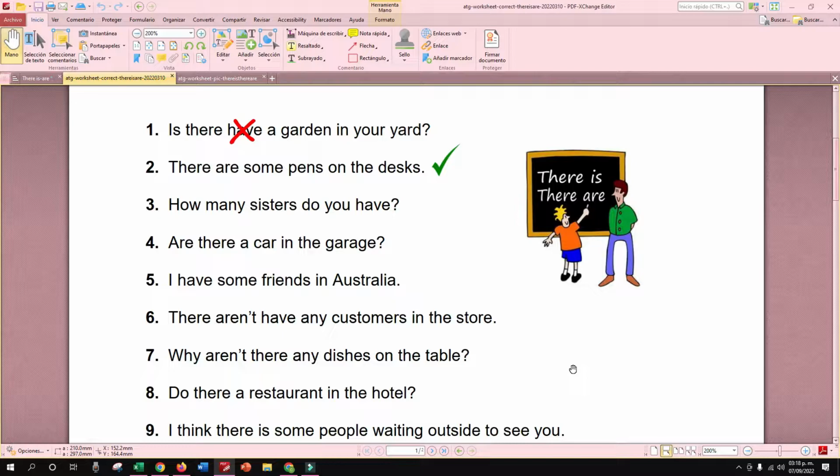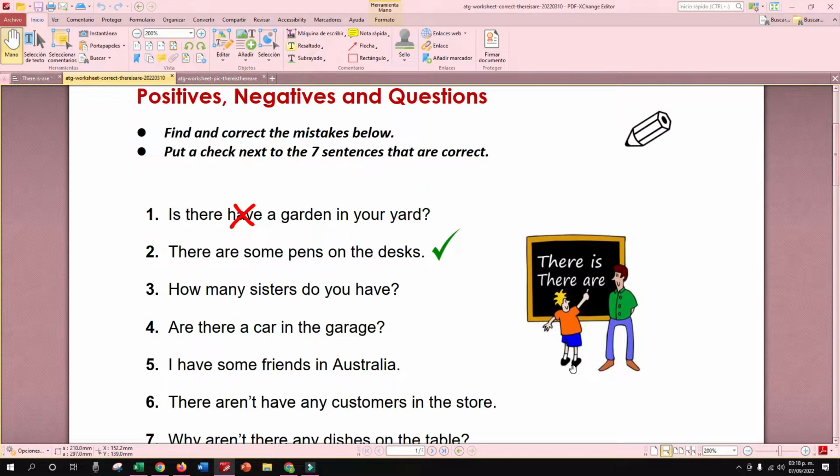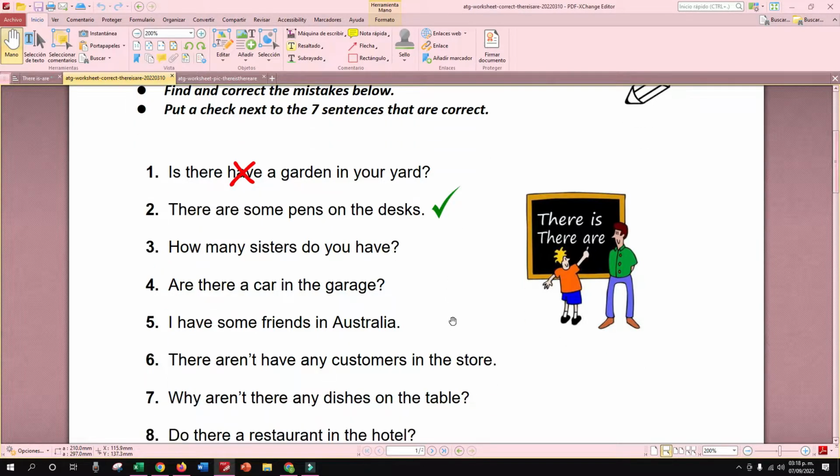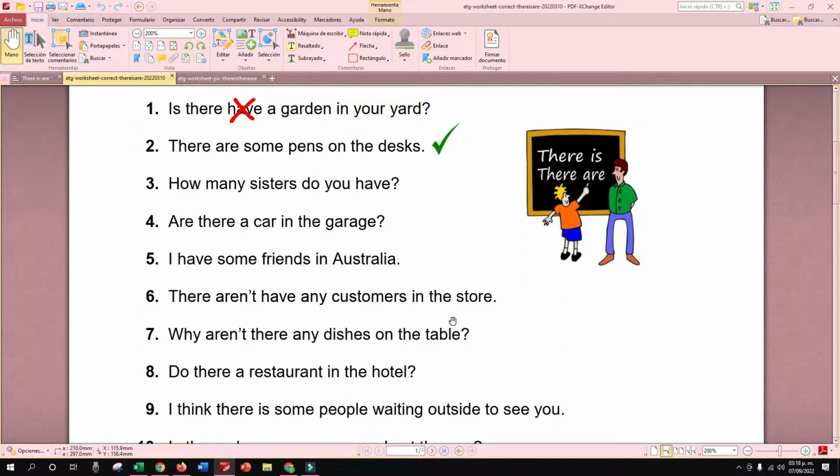Creo que tenemos poquito tiempo, vamos a hacer este ejercicio. Vean, it says, positive, negatives, and questions. Find and correct the mistakes below. Put a check next to the 7 sentences that are correct, right? So, ahí tenemos 2 ejemplos. ¿Qué vamos a hacer?